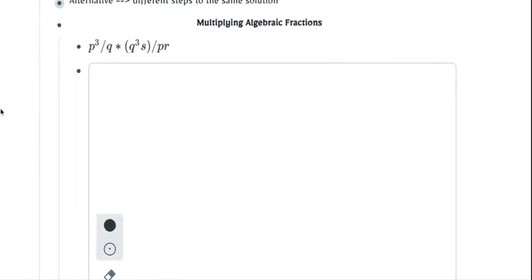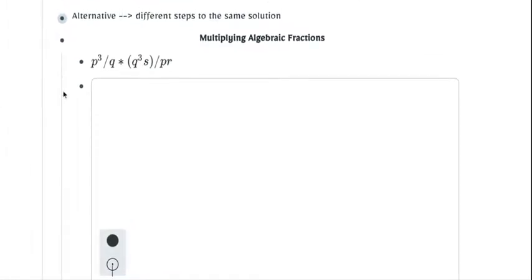Let's write out what we have for the P cube. We have P and another P, as well as a third one.